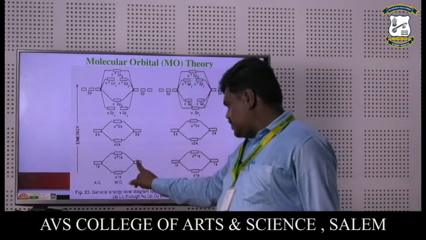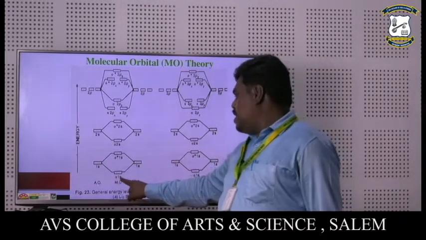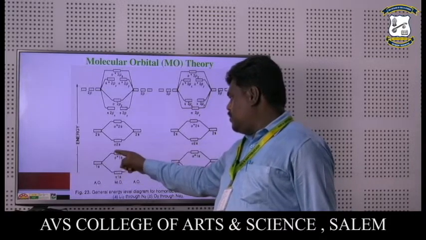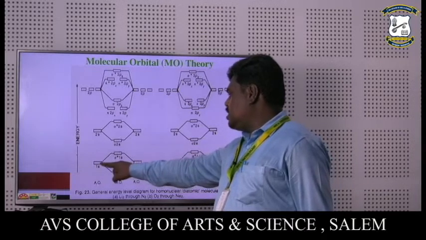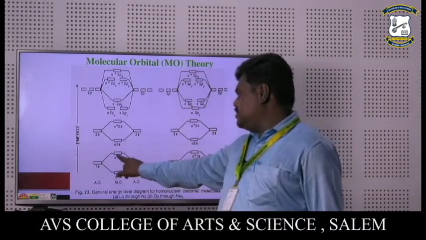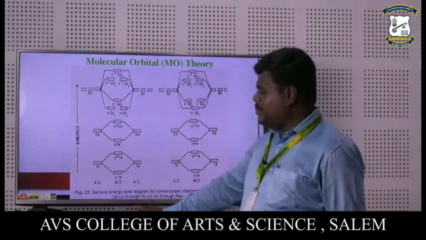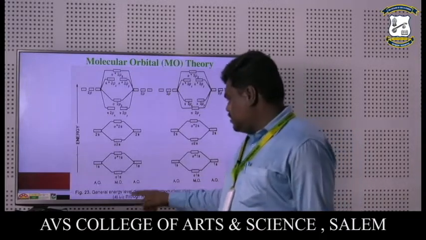One is below the atomic orbital's energy level, which means the bonding molecular orbital, and the other has energy more than the atomic orbital's energy level, which means the anti-bonding molecular orbital. So, atomic orbitals combine to form bonding and anti-bonding molecular orbitals.